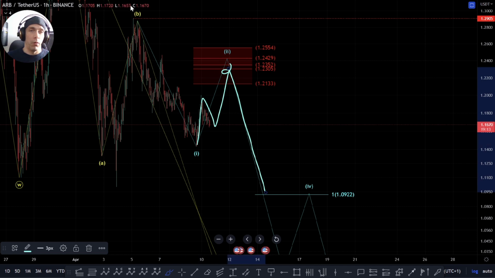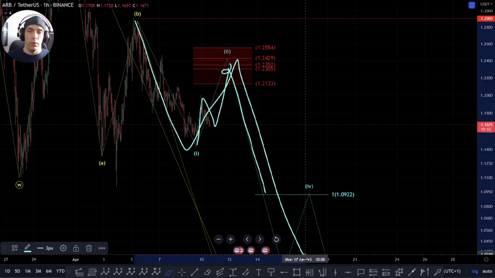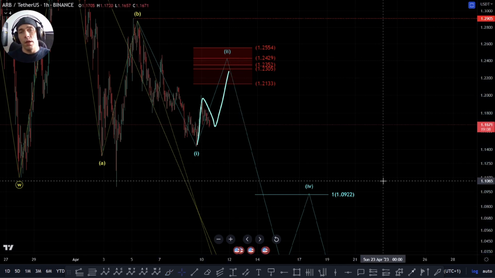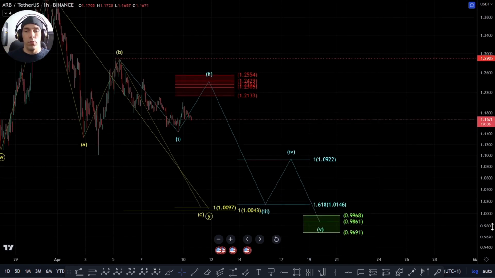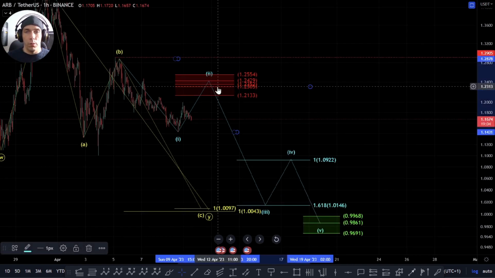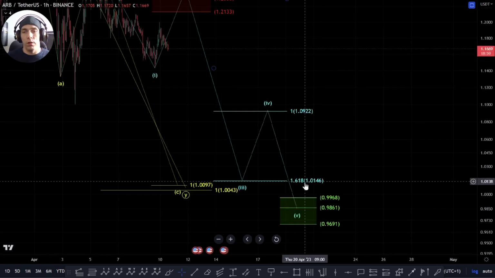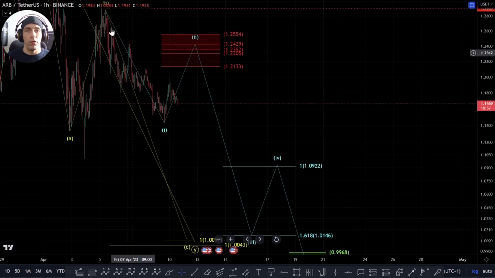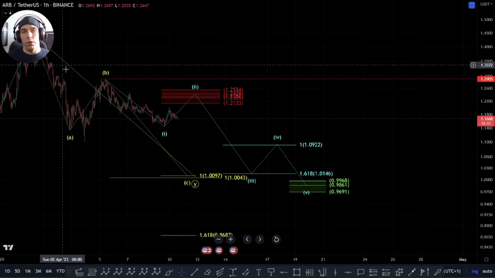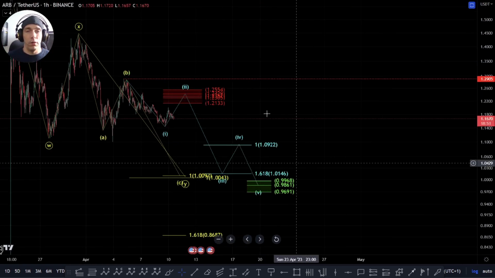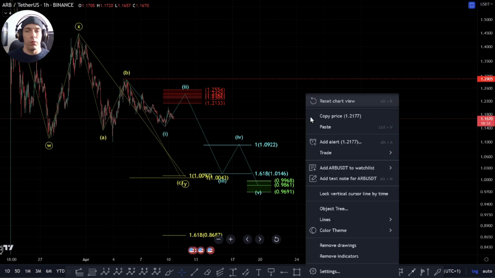We would form this as a 1, this is a wave 2, and then look for that bigger 3rd wave. If we did have to come up towards this 0.618, which is sitting at this 1.23.05, potentially that 3rd wave target would be down here towards this 1.01 region. So this is something that we need to keep an eye on. We could still see this bearish structure develop for as long as we fail to break above this 1.29.